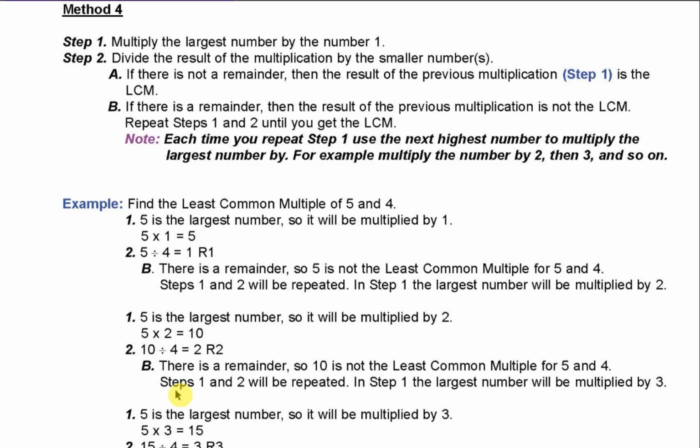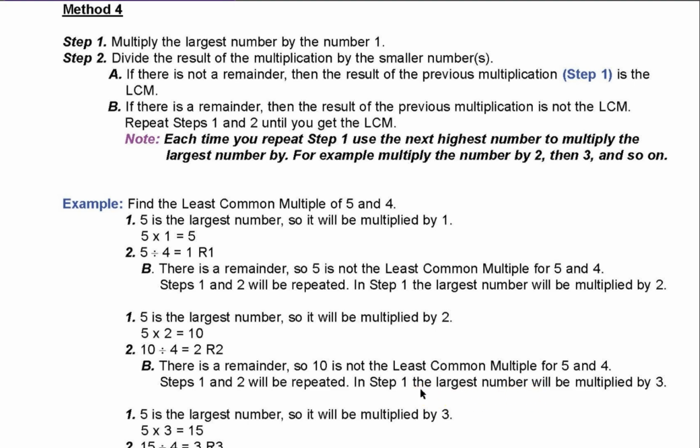We will now repeat steps 1 and 2. Now, when we perform step 1, we will increment the number that we will multiply by.